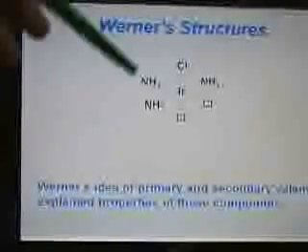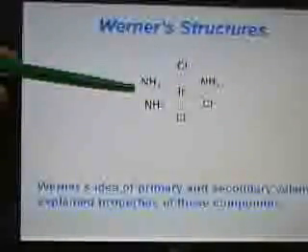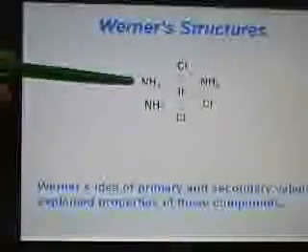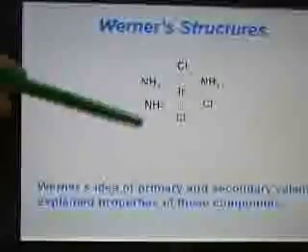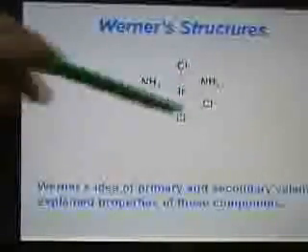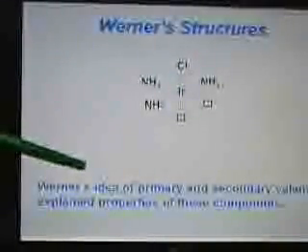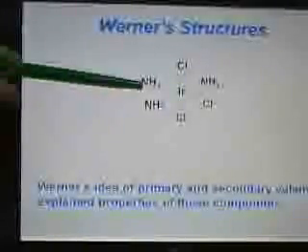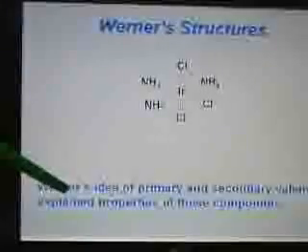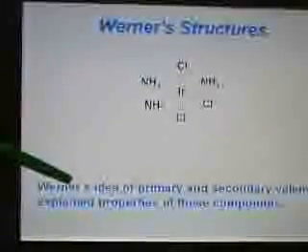Now, let's get back to the troublesome one, the iridium compound. Using Werner structures, all 3 chlorides satisfy both the primary valence and secondary valence in this compound. And the NH3s satisfy only the secondary valence.